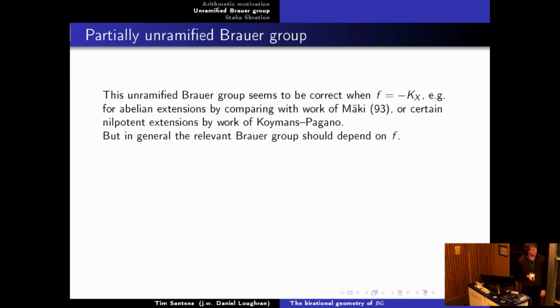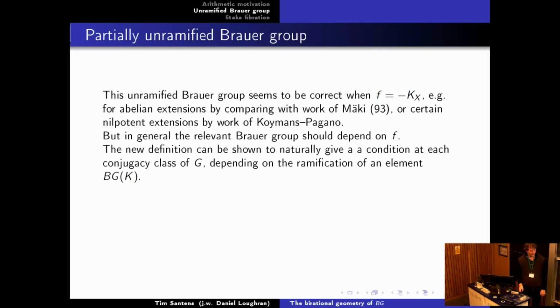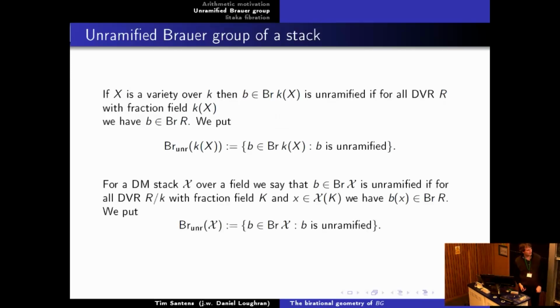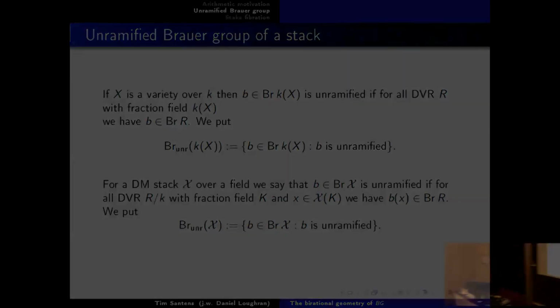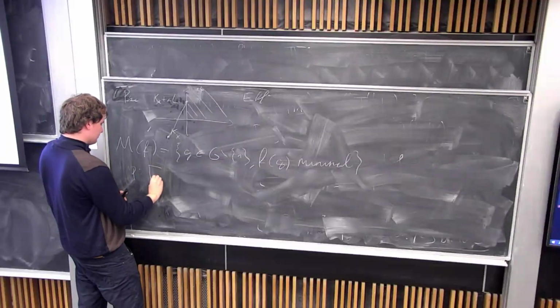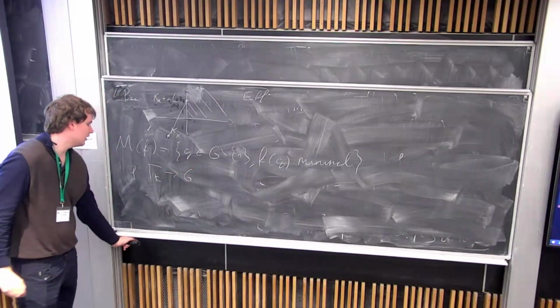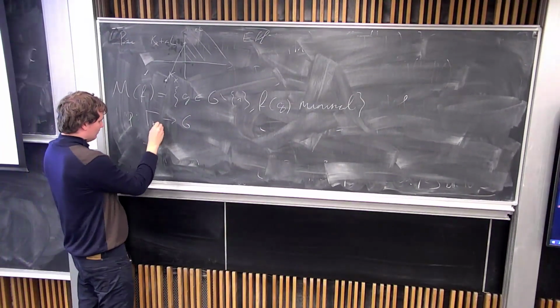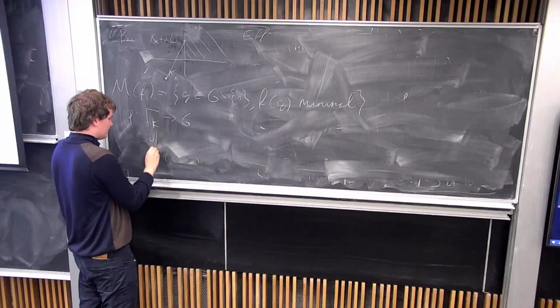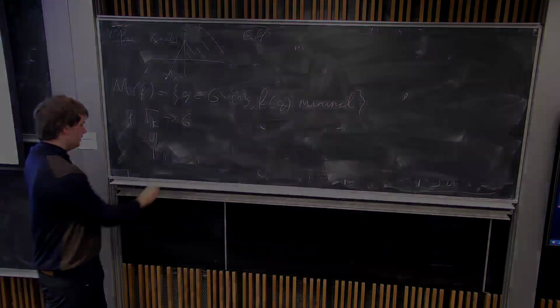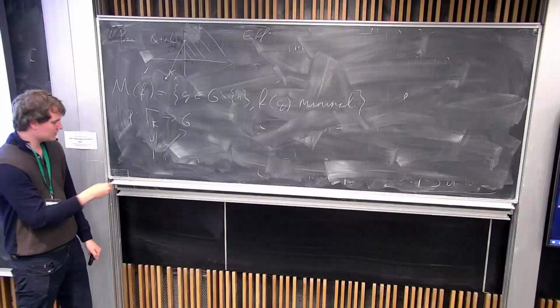So how do we deal with this? The point is that if you study this definition, you can split your K points depending on the type of inertia they have. A K point is a map like this, right? But for the DVR there's also an inertia subgroup. Let's assume characteristic 0, so it's cyclic.